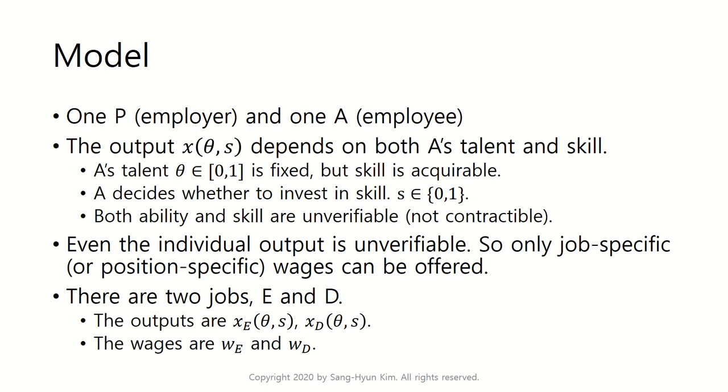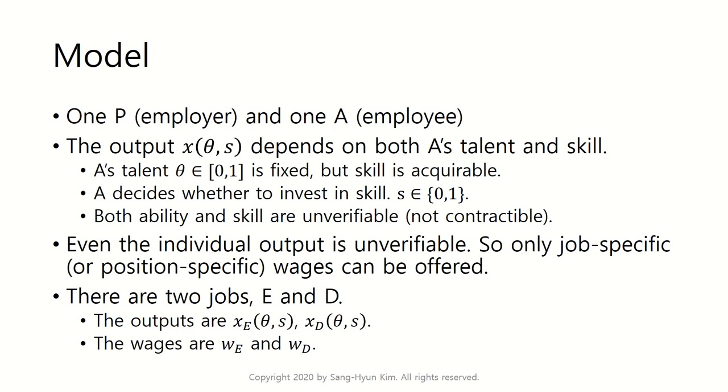So let's look at the model. There is one principal or employer and one agent or employee. The output X depends on both the agent's talent and skill. Theta is the agent's talent, which is a number between 0 and 1, and it is fixed but not observed.